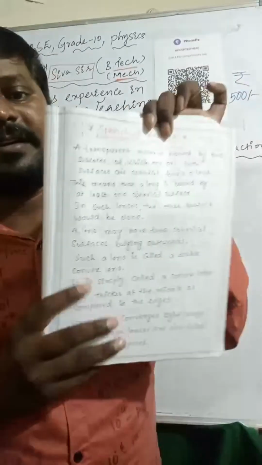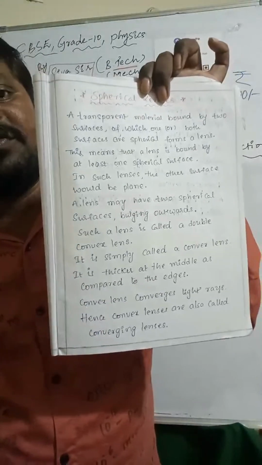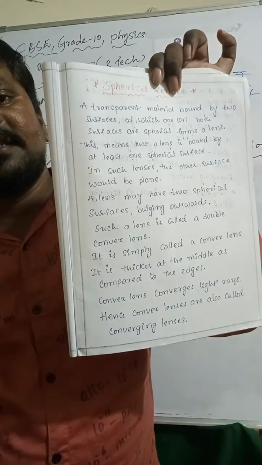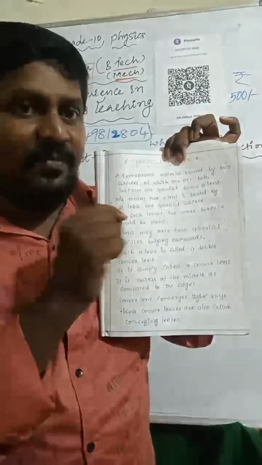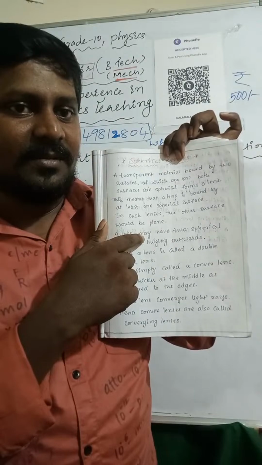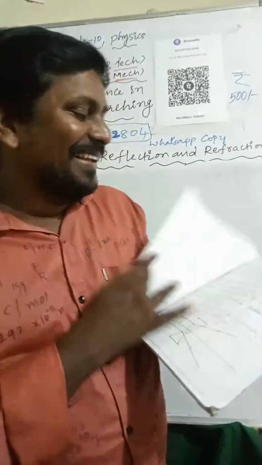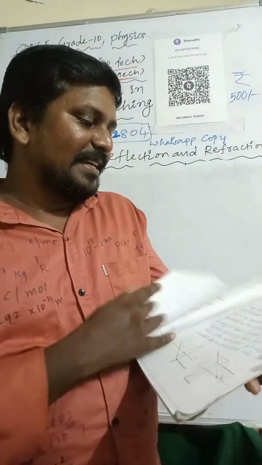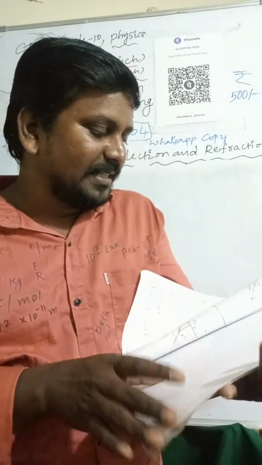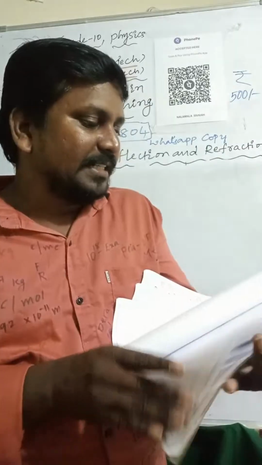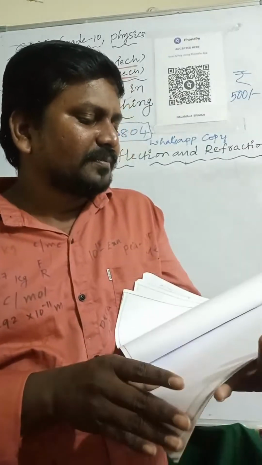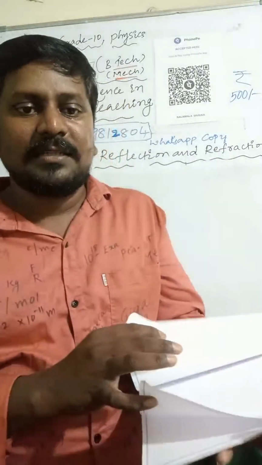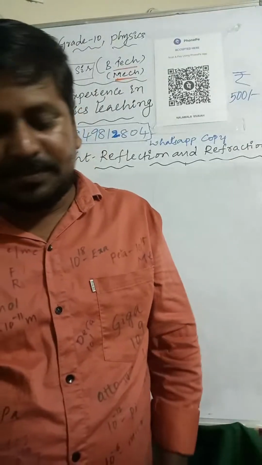All important points I have written, very beautifully written handwritten notes, with diagrams and everything. Now we'll discuss lenses, lens image formations, ray rules, and image formations related to lens. Questions are there, and they will also ask problems related to lenses.